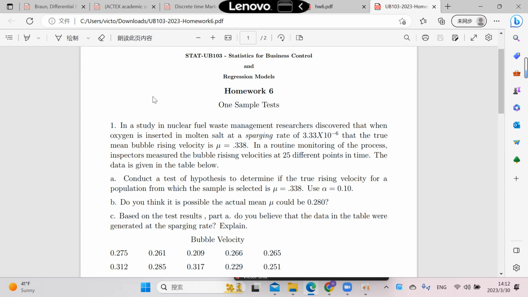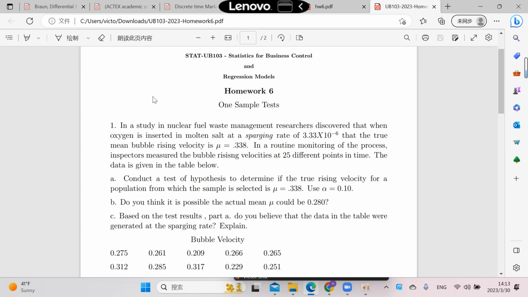So first you have to calculate your observed mean, which is your x bar. You just add all of them and divide by n, you get your x bar, and then you calculate your standard deviation, your s, which I believe can be calculated by a solver, or if you prefer, you can use a calculator.